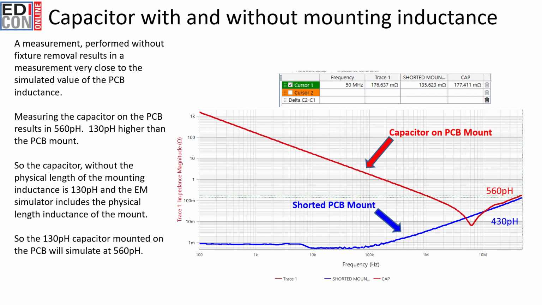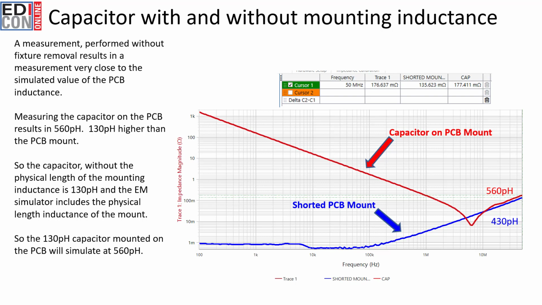The blue trace is the trace of the shorted PCB mount. And what you can see is the shorted PCB mount measures 430 picohenries, not so far off from what we simulated before at 495 picohenries. Now keep in mind that the measurement uses a short that is not near zero thickness. Unlike with an EM simulator, this may not be exactly the same as the PCB trace width.